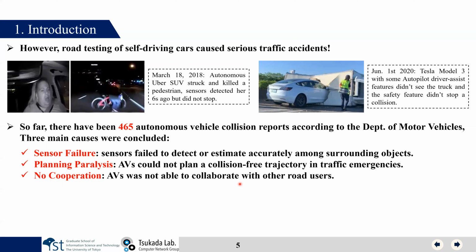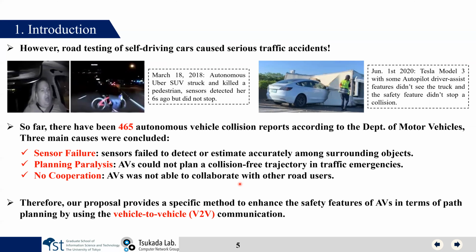Current AVs were not able to collaborate with other road users. Therefore, our proposal provides a specific method to enhance the safety features of AVs in terms of path planning by using vehicle-to-vehicle communication.